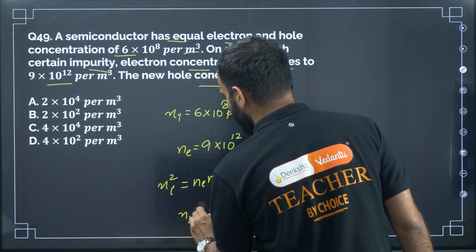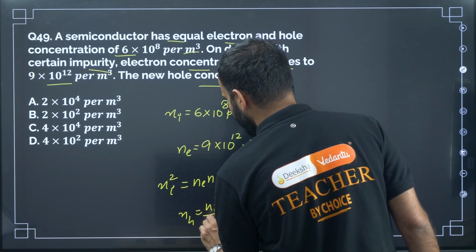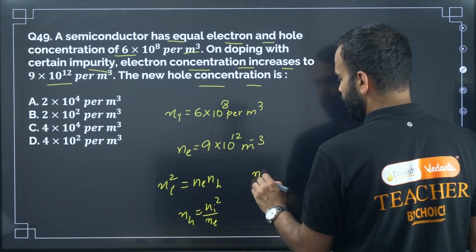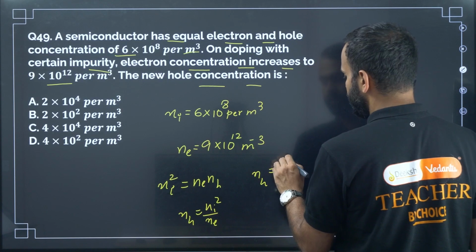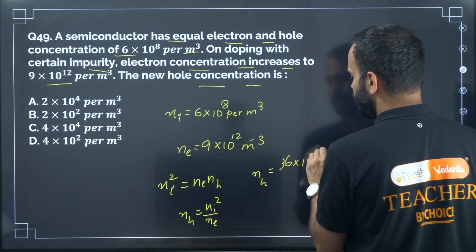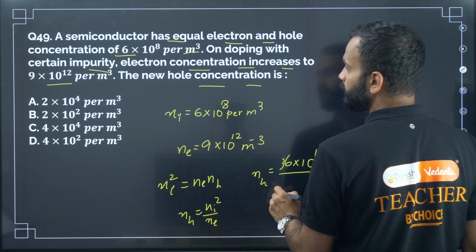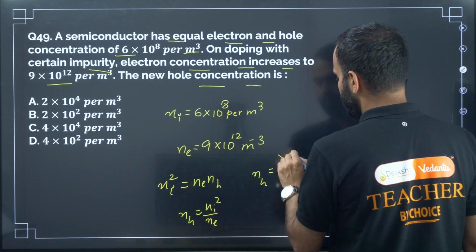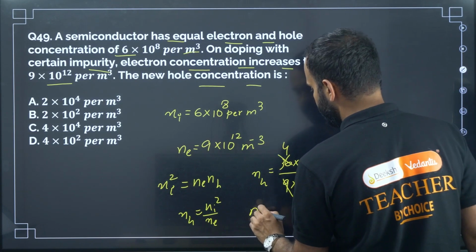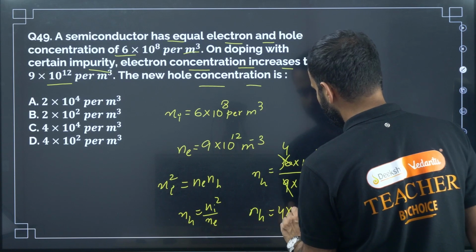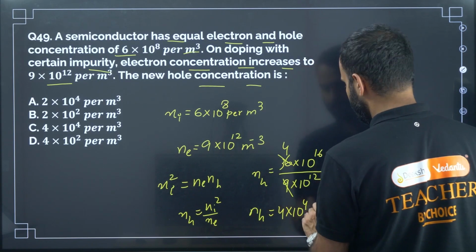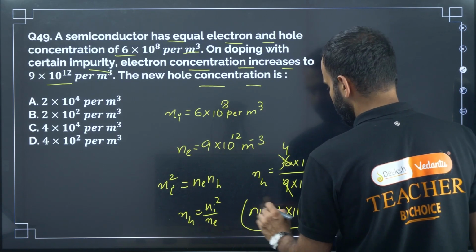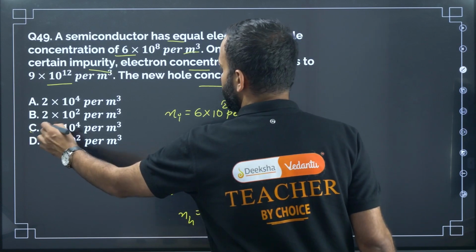So now Nh is equal to Ni square divided by Ne. Nh is equal to Ni square, that is 36 into 10 to the power 16, divided by Ne, Ne is 9 into 10 to the power 12. 9 4s are 36. So Nh is equal to 4 into 10 to the power 4 per meter cube. Correct option is C.